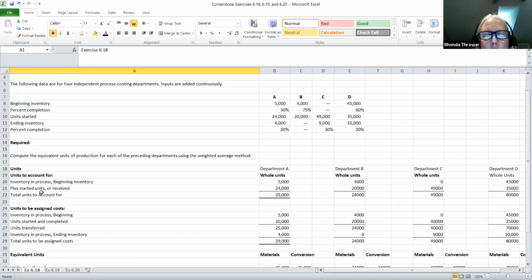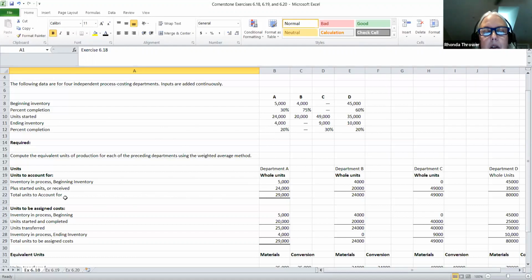Then you have to determine the units started, or the units that would have been received from a previous department. In this case, it'll be the units started. And instead of you having to determine it, they had given you the units started. So you just plug that in.